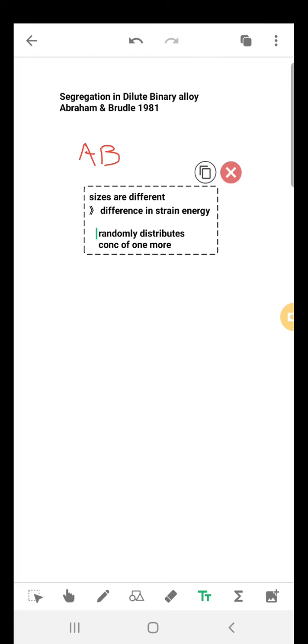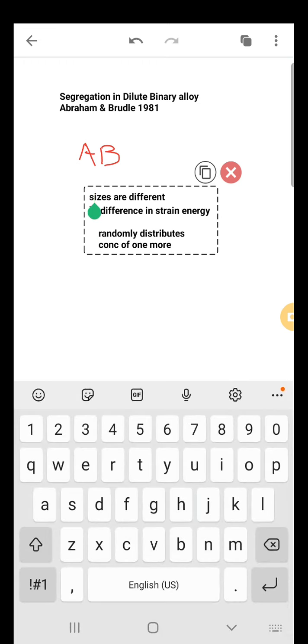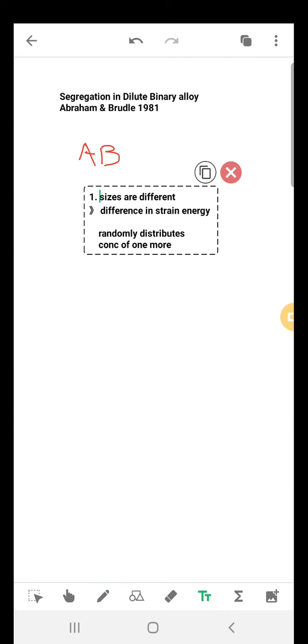The second postulate is that the strength of the bonds between the atoms of one kind and those of the other kind will be a little bit different. So this is the first one, I will call it 1: sizes are different.